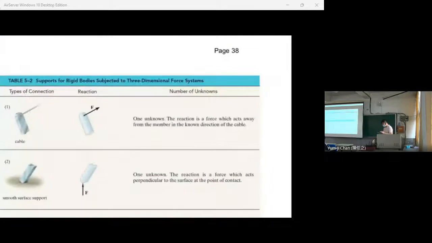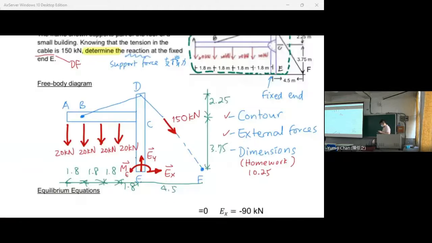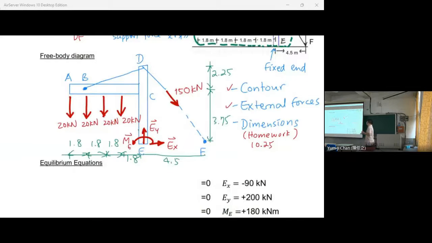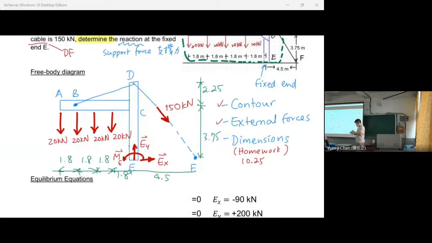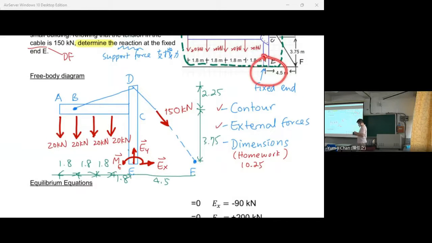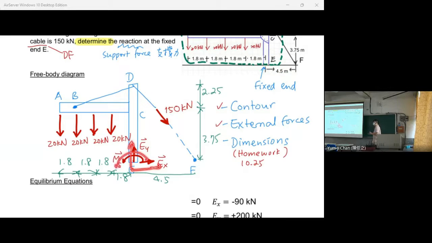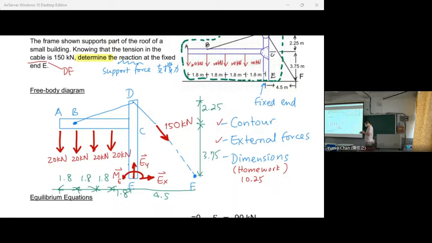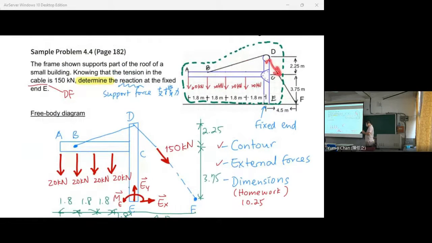So in the example problem, this is a fixed end. So we cannot move horizontally, and we cannot move vertically, and we cannot rotate either. So we have Rx, Ry, and M. And for this cable, it cannot move this way, but it can move perpendicular to the direction of the cable.